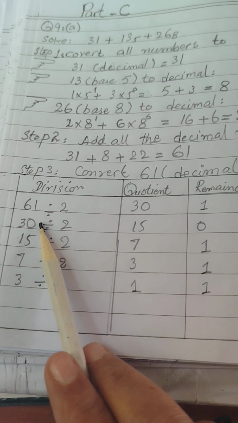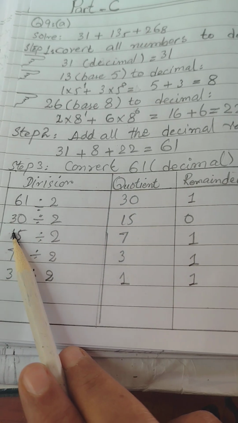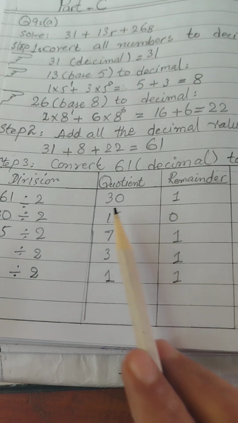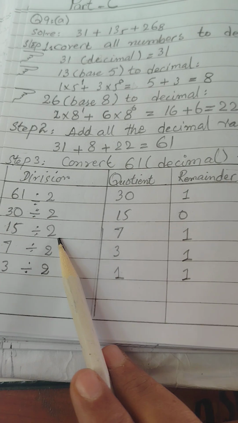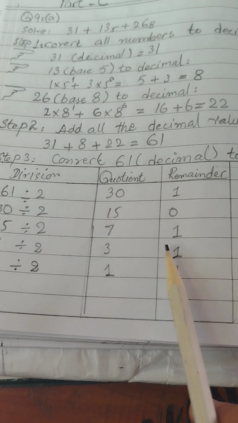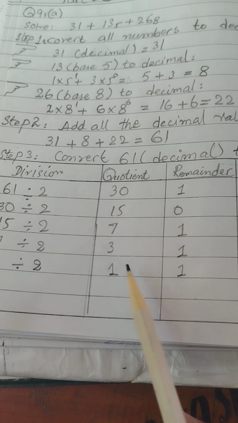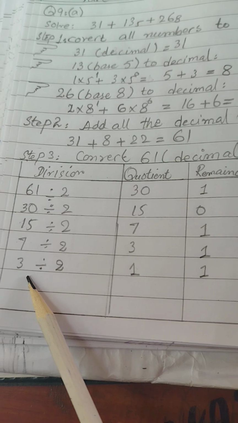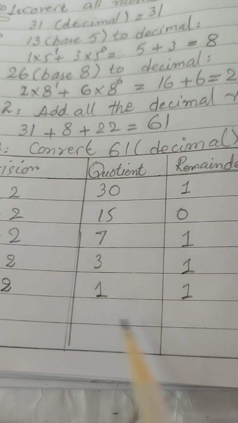So first 61 divided by 2 equal to 30, remainder is 1, and 30 divided by 2 equal to 15, and remainder is 0. 15 divided by 2 is equal to 7, remainder is 1. 7 divided by 2, quotient is 3, remainder 1, and 3 divided by 2, remainder is 1.